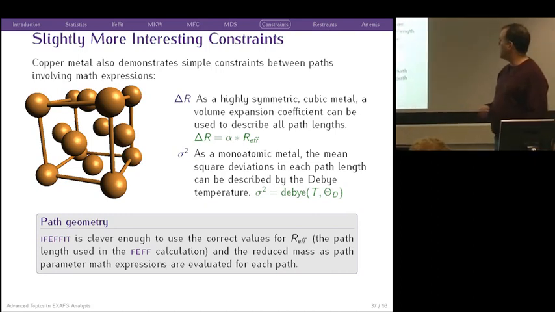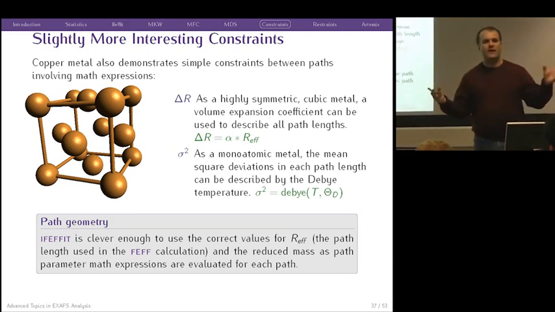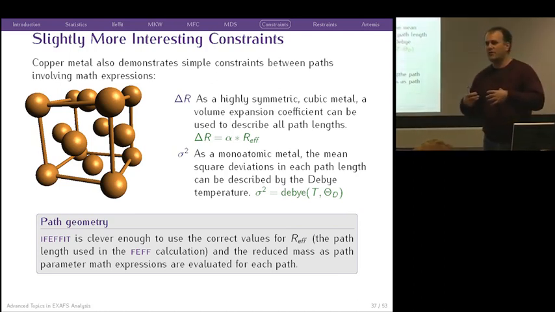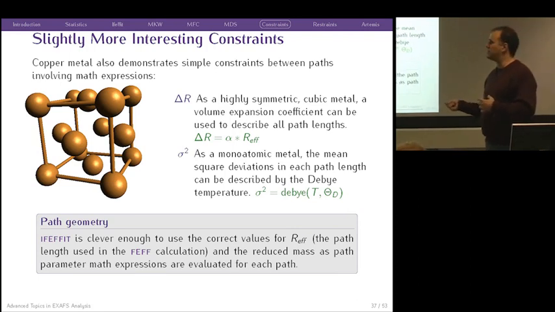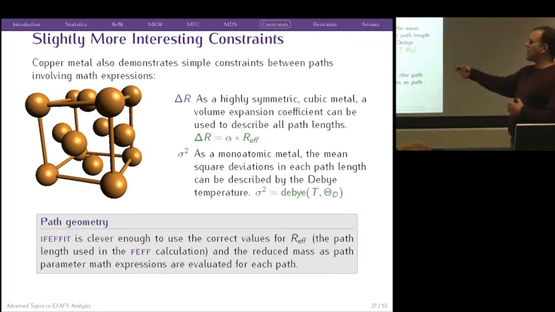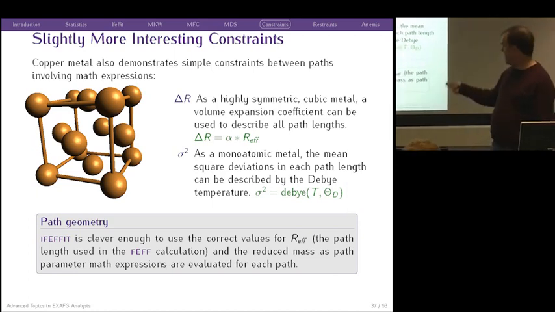And that further reduces the number of parameters by constraining path parameters not to be the same, but to behave according to a certain function. In this case, delta R is not the parameter of the fit. Delta R is written in terms of the parameter of the fit, and delta R for every path is then calculated from a single guess parameter, in this case, this magical ref parameter.